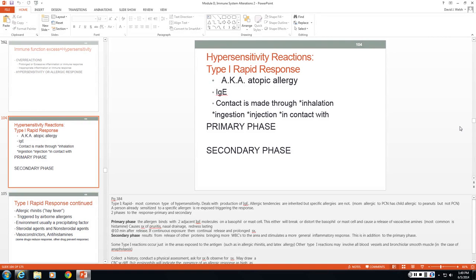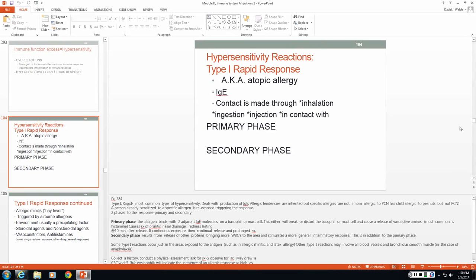Now, the secondary phase results from the release of other proteins, bringing more white blood cells to the area and stimulating a more general inflammatory response. Now, this is in addition to the primary phase. So some type 1 reactions occur just in areas exposed to the antigen, such as in allergic rhinitis or latex allergy.